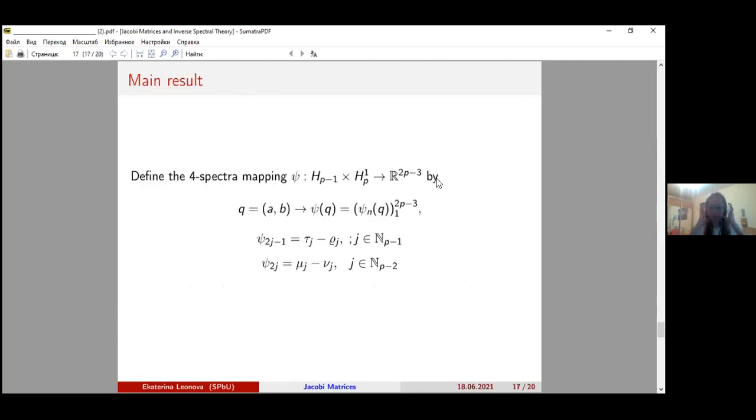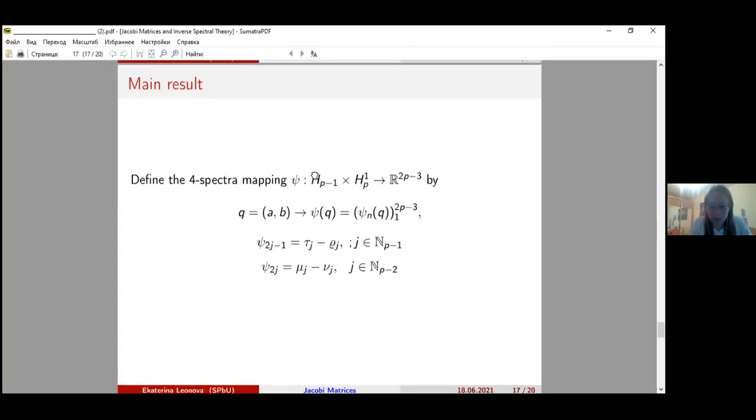But this is not the main result. The main result is what I've started to talk about before. We had this kind of gap length mapping, but we can also now move it to the finite case. So we can define a four-spectrum mapping.